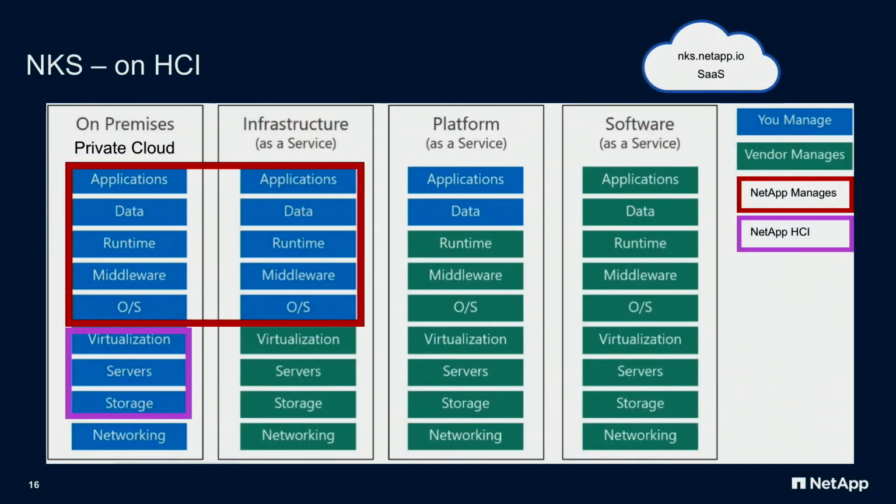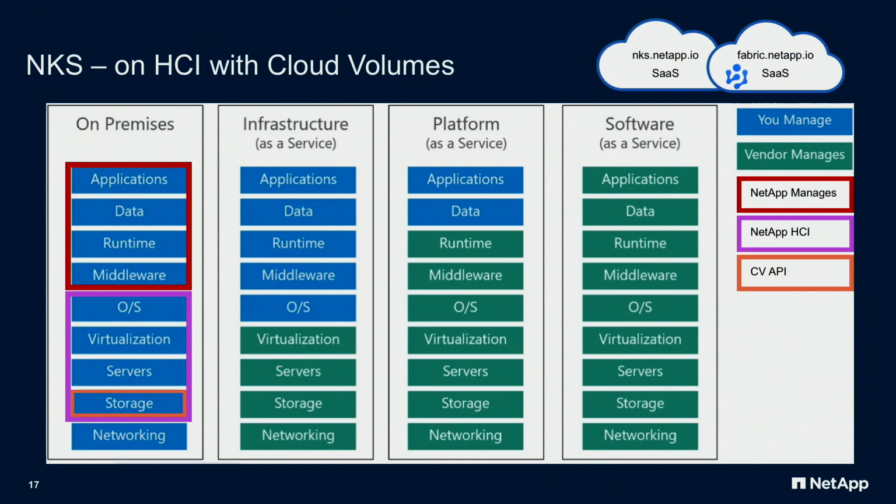So this pink box, even the storage that's on here, for the sake of the other picture where it's actually Cloud Volumes, that orange box, that's the Cloud Volume API. And that's ONTAP Select being orchestrated by the same Cloud Volumes API as in the hyperscalers. So it's making this look a lot more closely aligned to a private cloud, given that so much of it is automated.